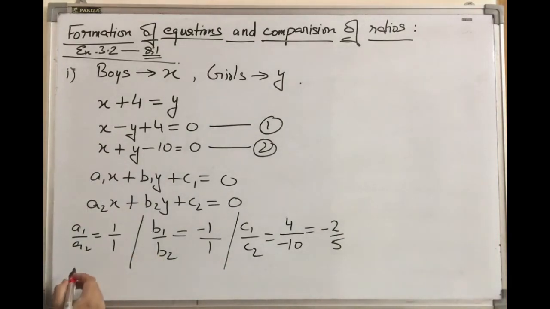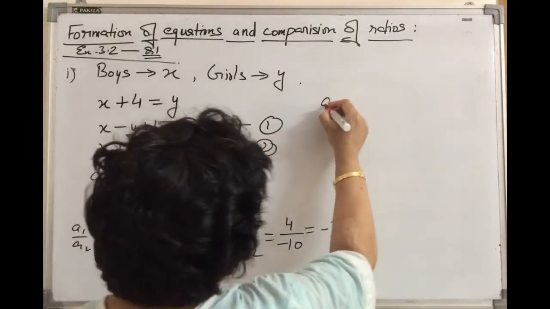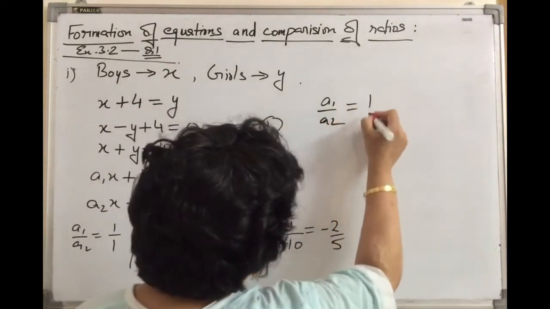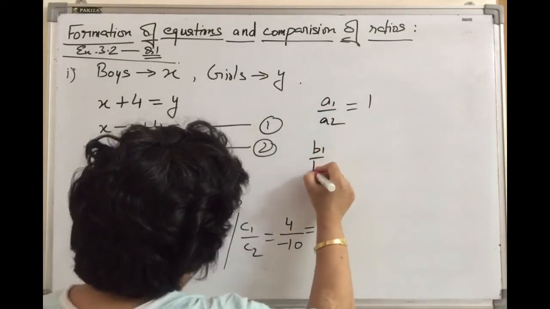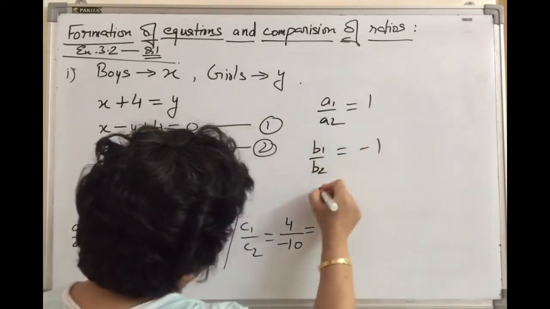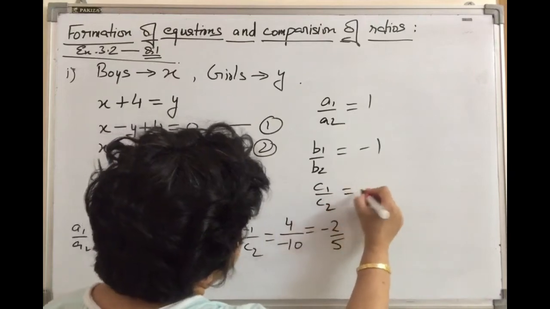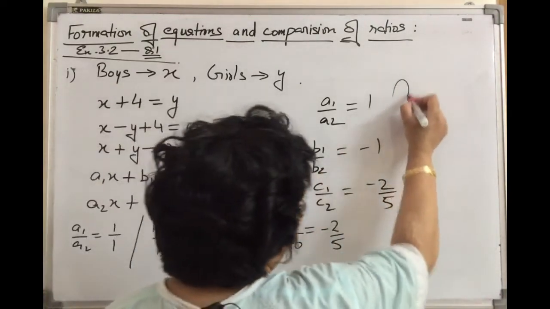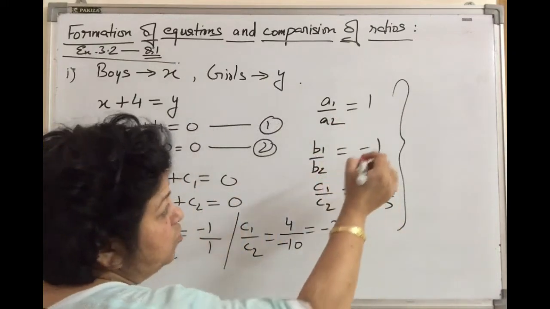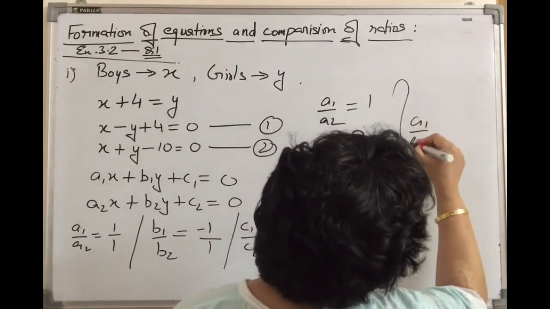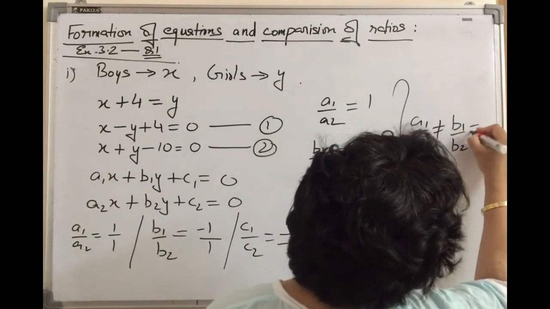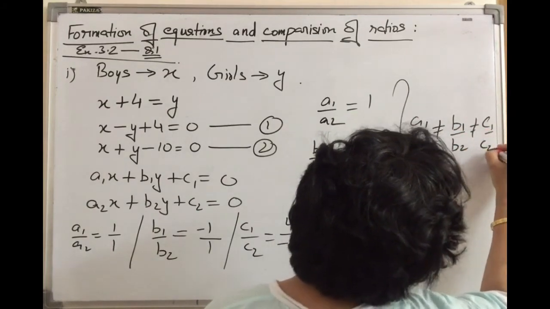Now we have compared the ratios. So here we find a1 upon a2 is coming 1, b1 upon b2 is coming minus 1, c1 upon c2 is coming minus 2 by 5. So basically from all the three ratios we can conclude that a1 upon a2 is not equal to b1 upon b2 is not equal to c1 upon c2.